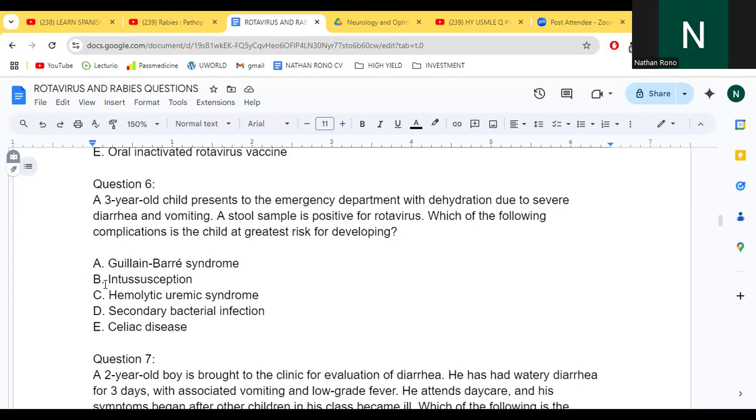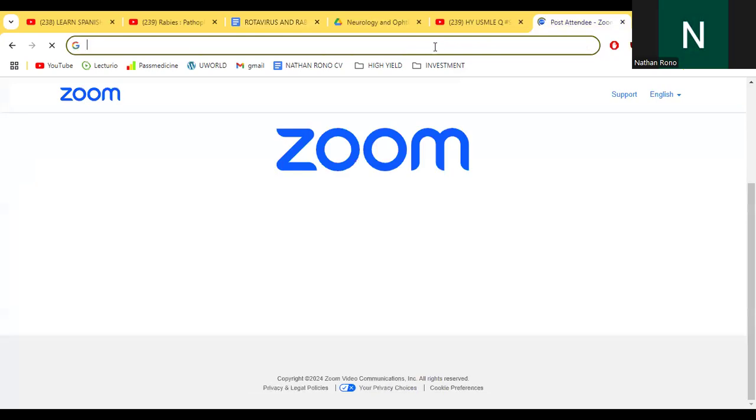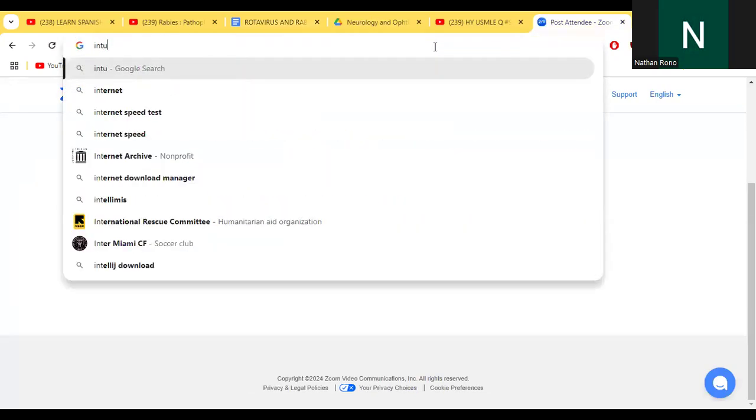But what interception is, basically, is the intestines come into each other. Let me show you a picture. I don't know how to explain this. Can you still see my screen?